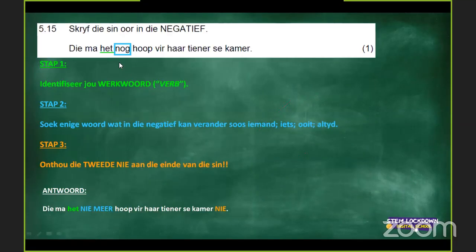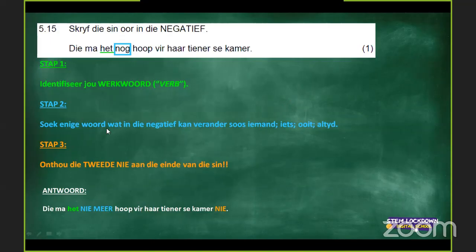Okay, dan sal ek skryf die sin oor in die negatief. You have to rewrite the sentence in the negative. Goed, die ma het nog hoop vir haar tiener se kamer. Nou stap 1 weer eens identifiseer jou werkwoord. Once again, you have to identify the verb. That is extremely important.